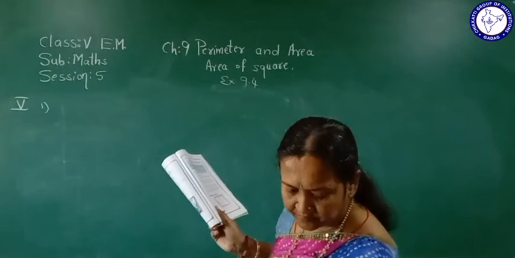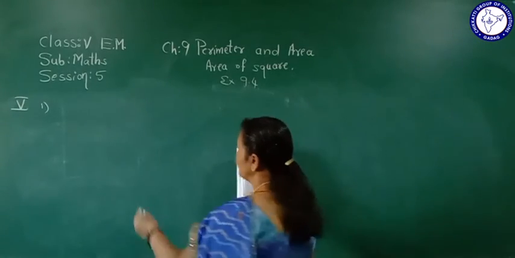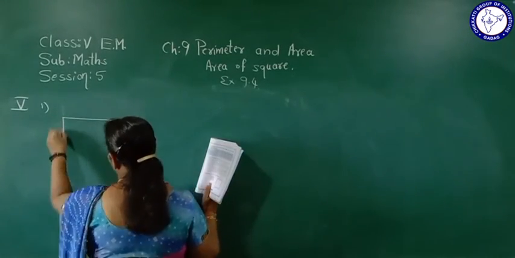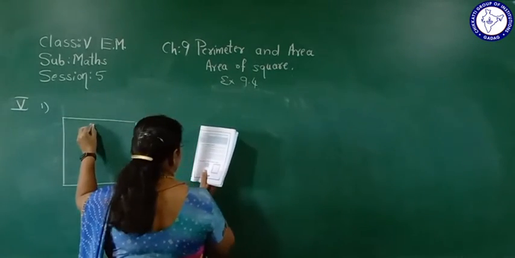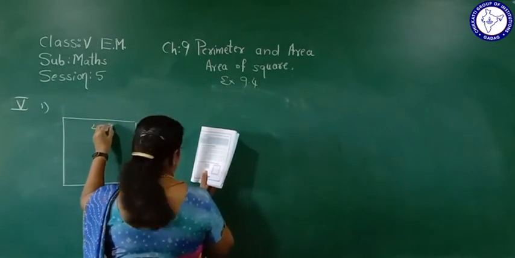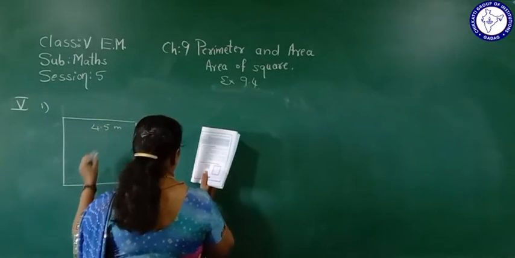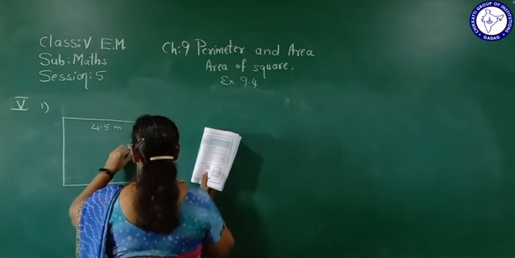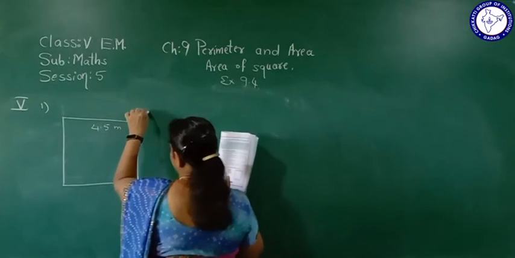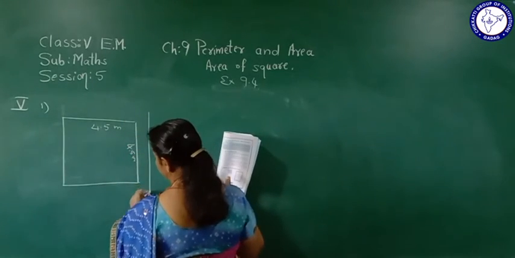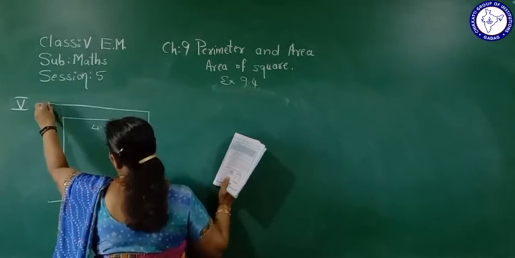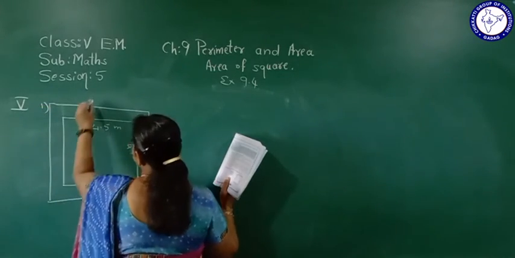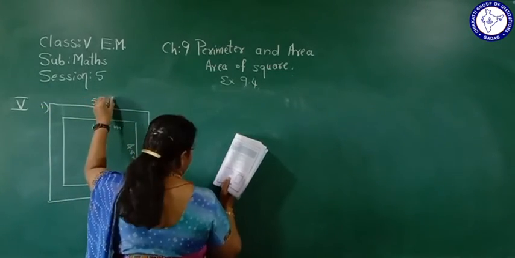Now second figure is given where we find 2 different squares. Here one square is drawn of 4.5 meter. This is of 4.5 meter. Here also 4.5 meter. Another square is drawn which is of side 5.5 meter.